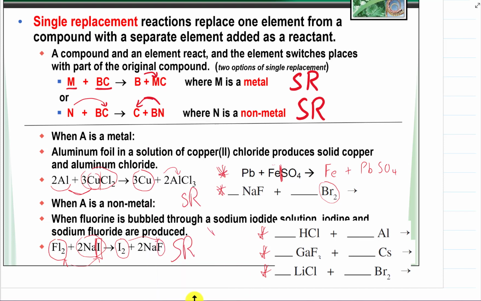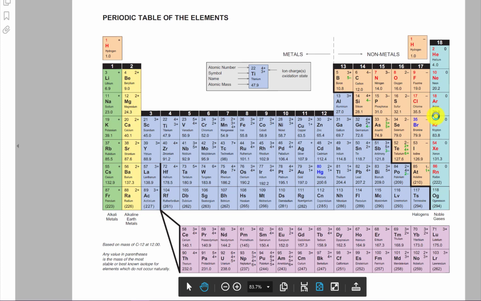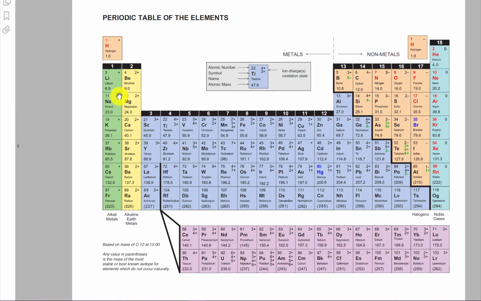Okay, so it's going to replace the non-metal. So this is going to become Na and then Br. You'll have to definitely balance that if that's not it. Okay, and so Br is the -1, and sodium is the 1. So that is balanced.